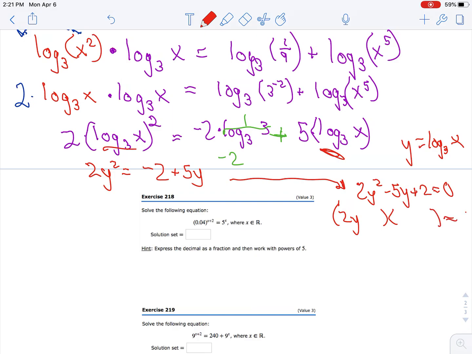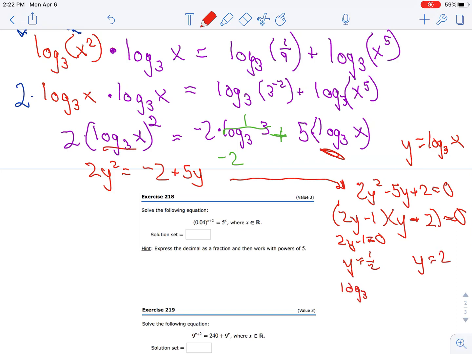I know it's going to be 2y, use your factoring techniques, please. And oopsie, sorry, that's got to be a -2. This can be -1. So I've got 2y minus 1 times y minus 2 equals 0. And I go to solve this, of course, because 2y minus 1 equals 0. That means y is equal to a half, and y is equal to 2.